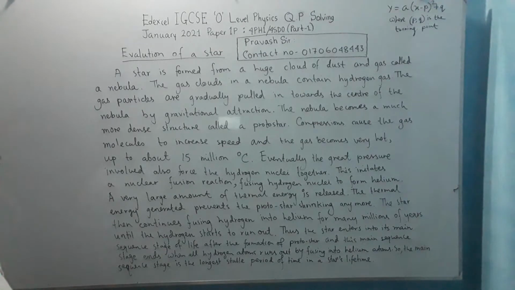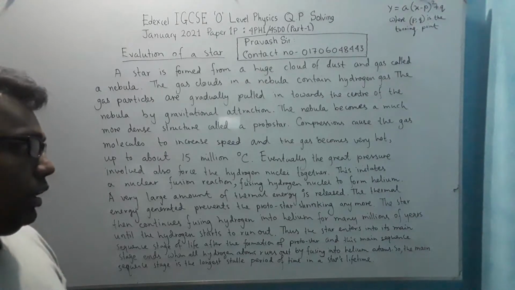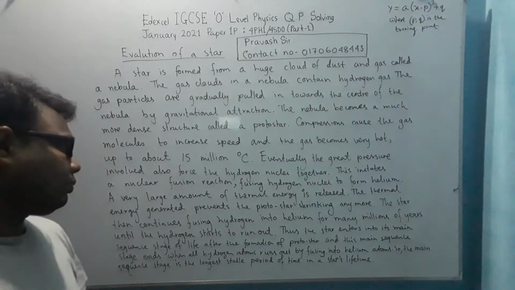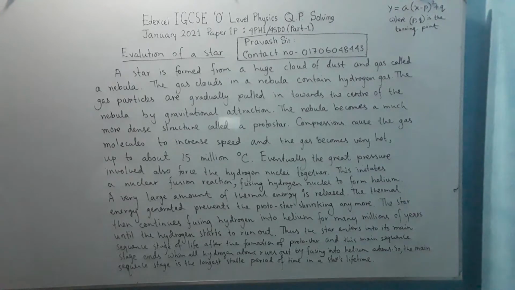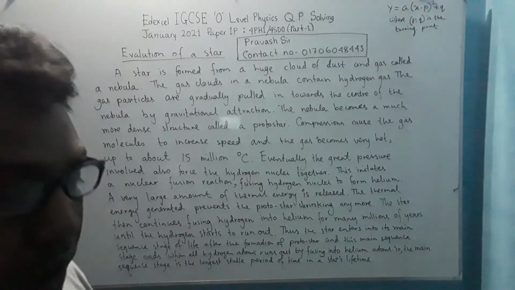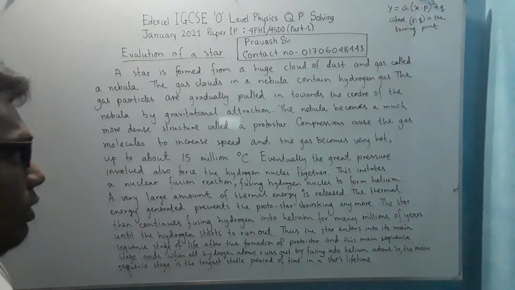Because of the greater pressure, the hydrogen nuclei start to fuse together to form helium. Because of that, a very large amount of thermal energy is released, because of the nuclear fusion of hydrogen nuclei.